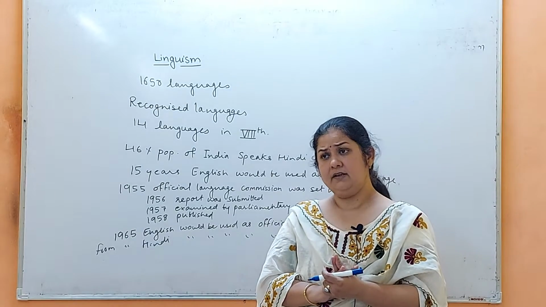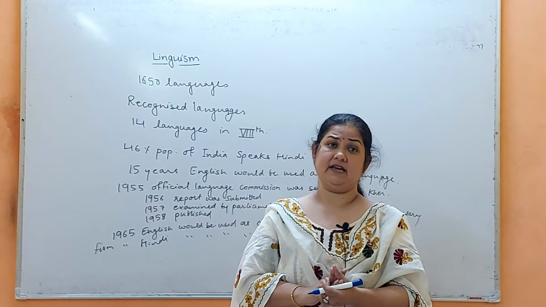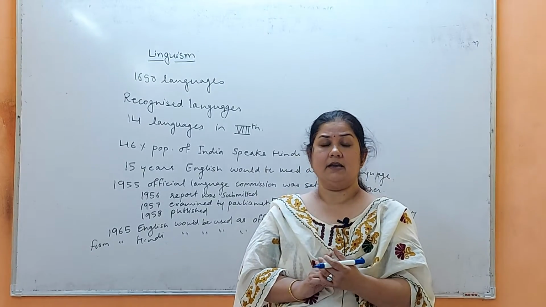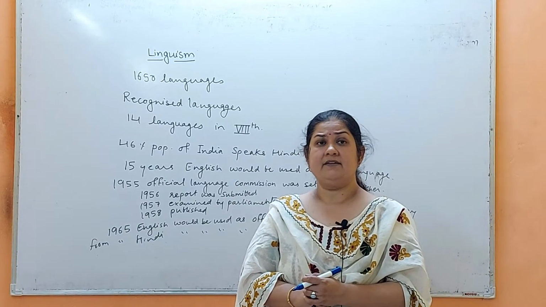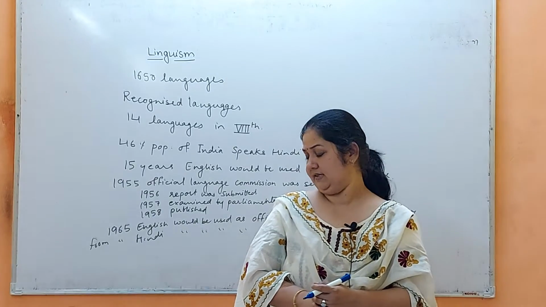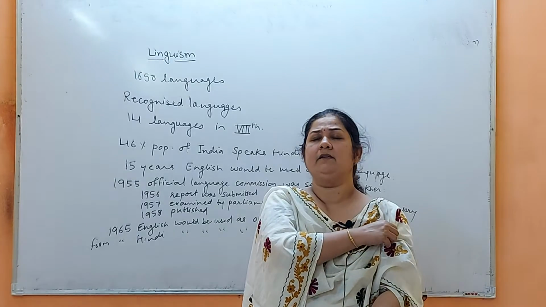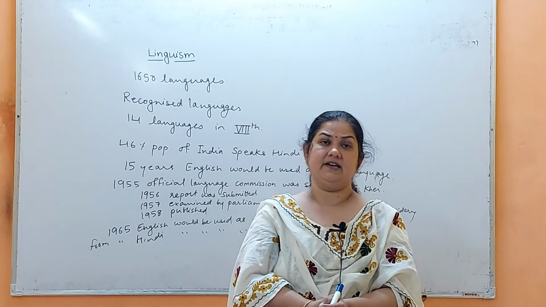Third, other languages, those are not recognized languages, can also be used for official purpose. And even the Constitution of India has given many directives for languages, and that those languages can be used apart from those which are listed in your recognized languages in the 8th schedule.